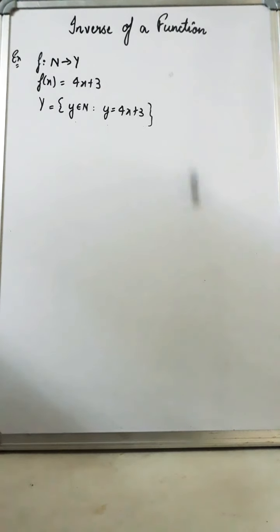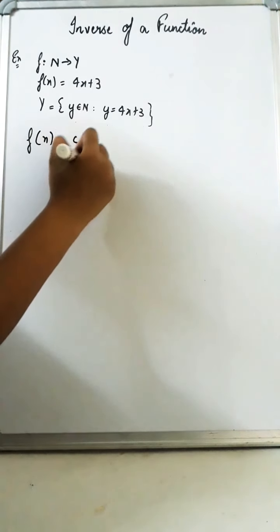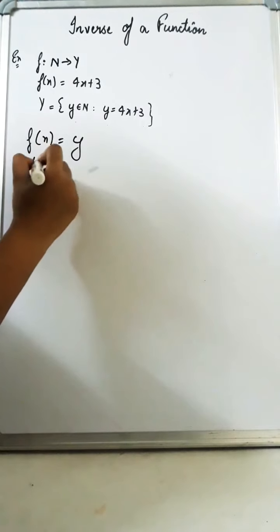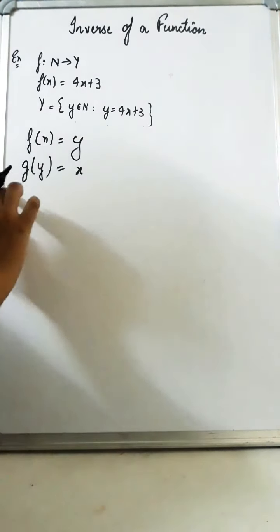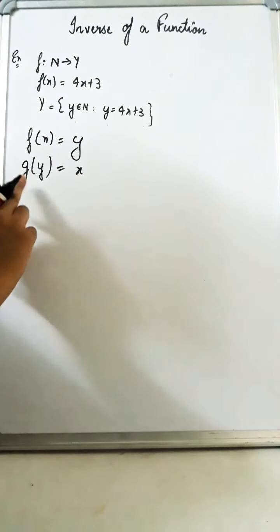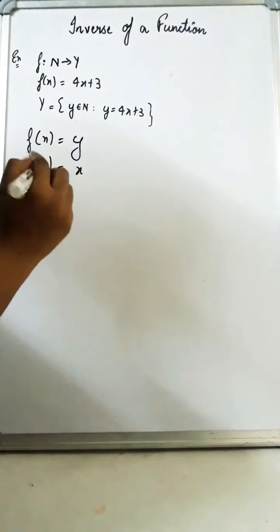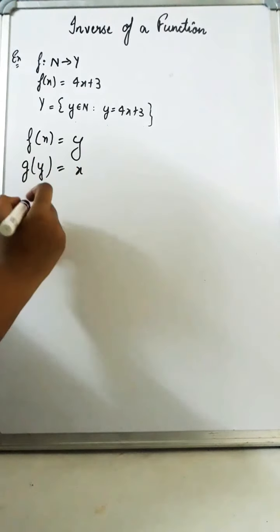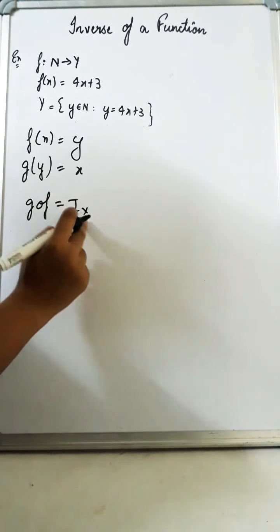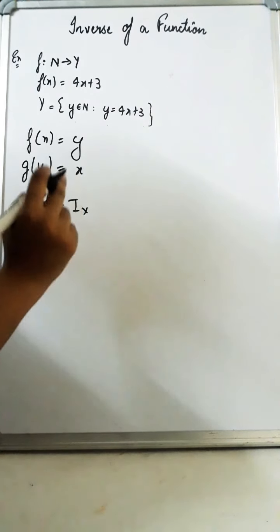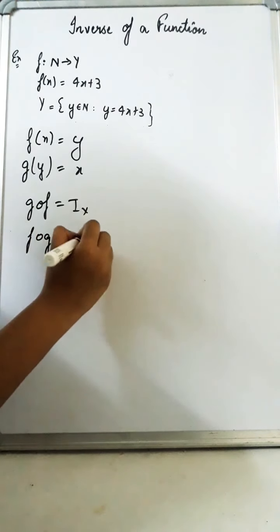Now see, first thing that we have to do is, for f(x) is equal to y, we have to find a function g of y is equal to x. And if this is satisfied for all the elements, g of y is equal to x, then we will say that our function is invertible. And not only this, we have to find whether g of f is equal to Ix, meaning identity, and similarly whether f of g is an identity function or not.